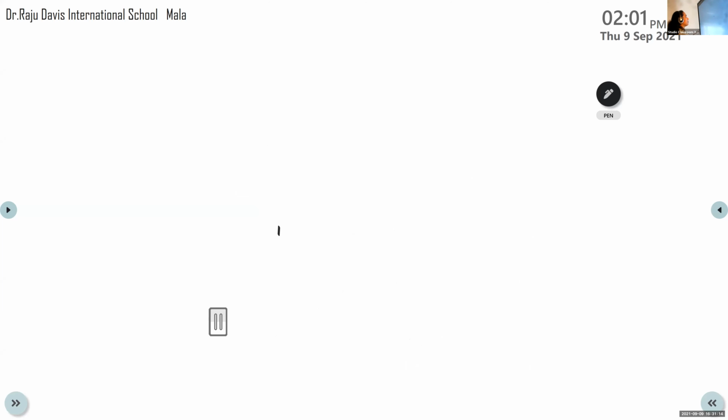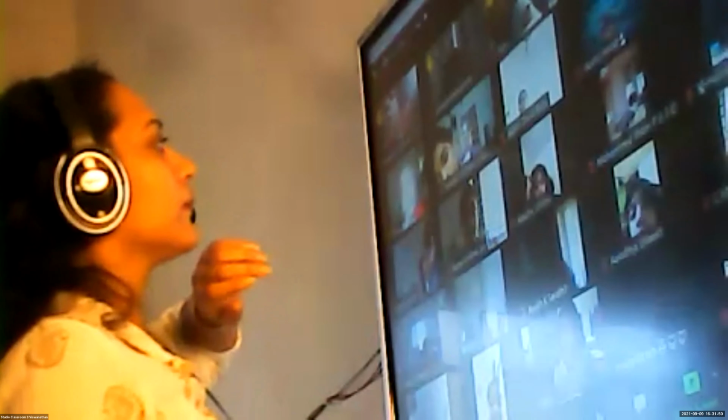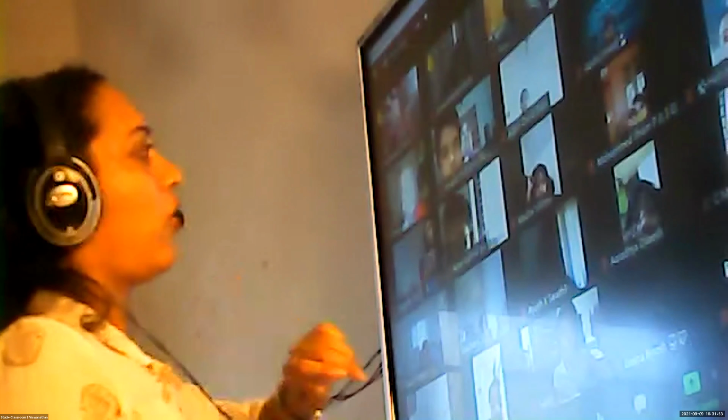In linking, first we saw schwa, then we saw how "and" can become "n." Now look at the word "of."